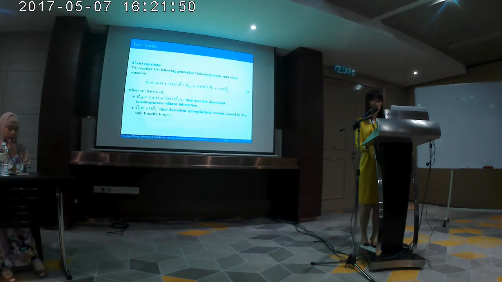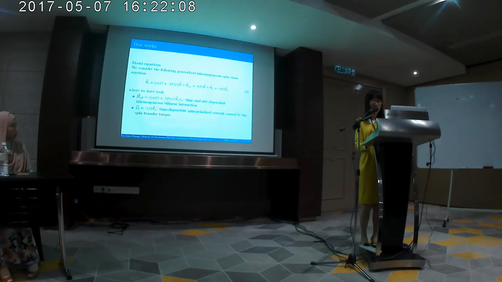We consider this generalized inhomogeneous spin chain equation, where we have taken the effective field H_eff equal to alpha t plus beta t x times S_x, the differentiation of this equation.